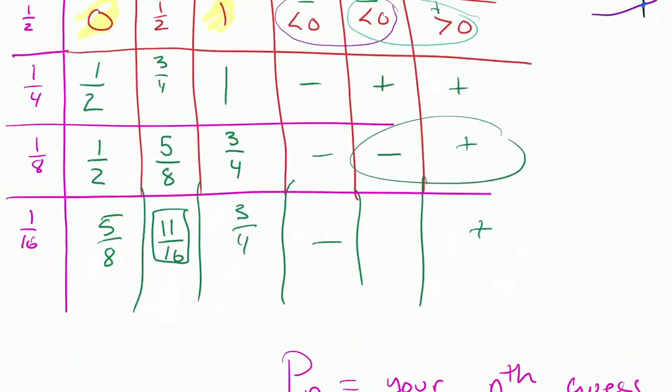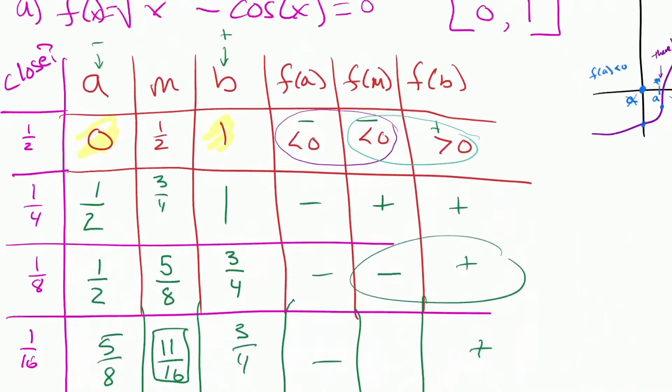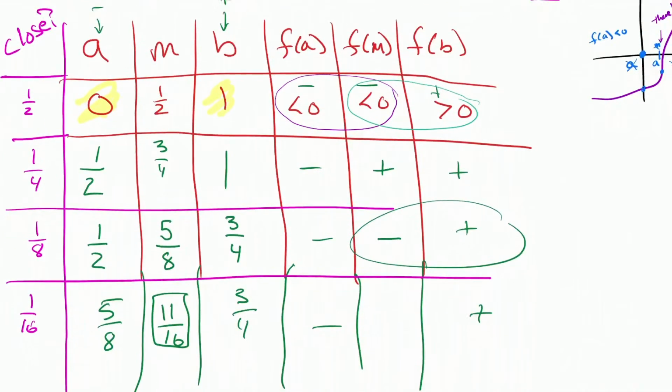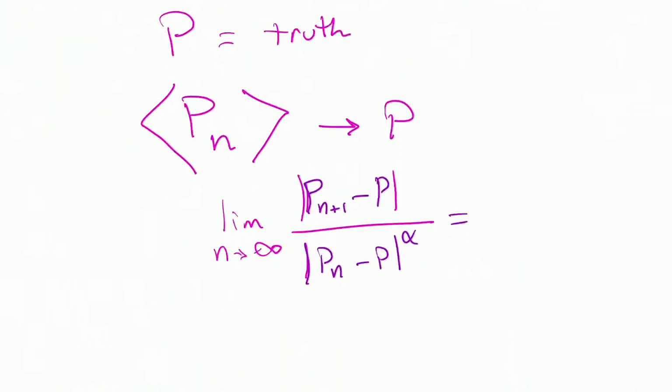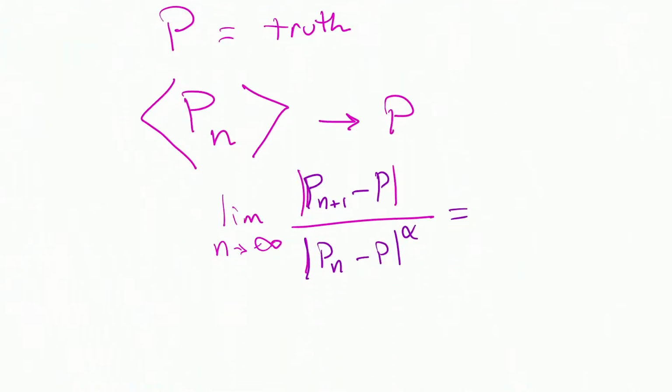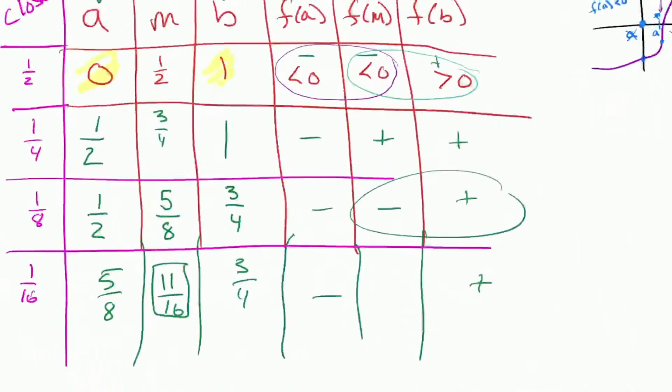Let's go back up here. So the how close, that is the worst case scenario of this, that's how close you are. And then the one below how close, so let's say we're on the one that has 1/8, this is the denominator, this is the numerator.